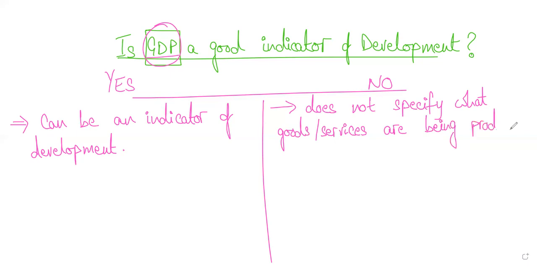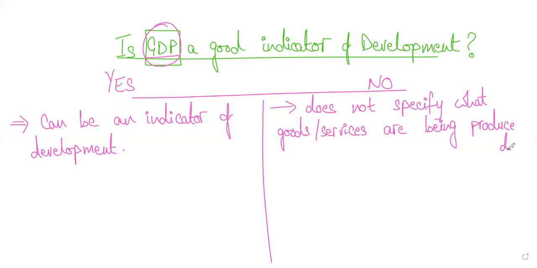So basically, think about this. Whether a country is producing more education, and that's why its GDP is increasing, or a country is producing more military goods like defense equipment, and that is why the GDP is increasing. You can't really tell whether the GDP is higher because you are producing things that are needed for the development of a country, or things that will not directly help in development.